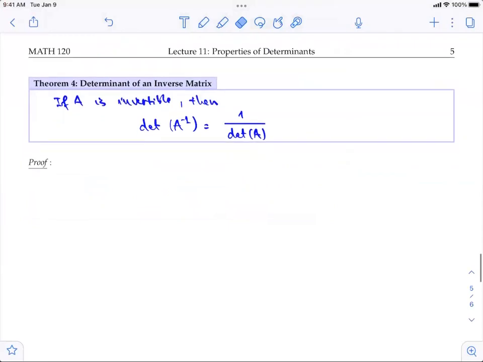Now we're going to quickly prove this determinant of the inverse of a matrix. Let's see what we got here.